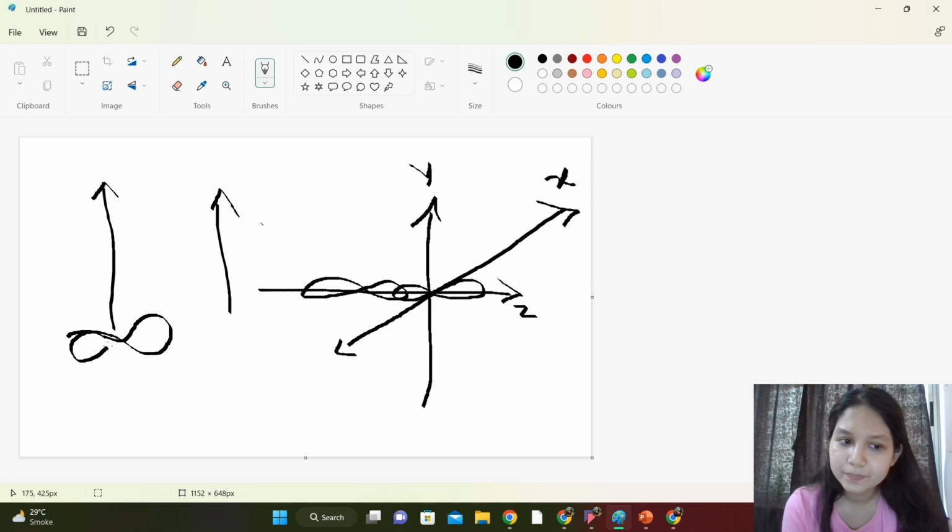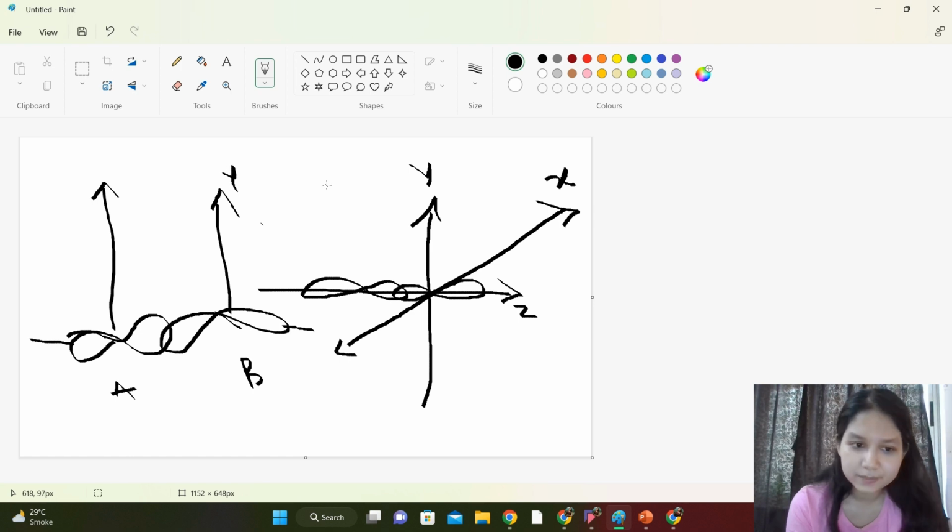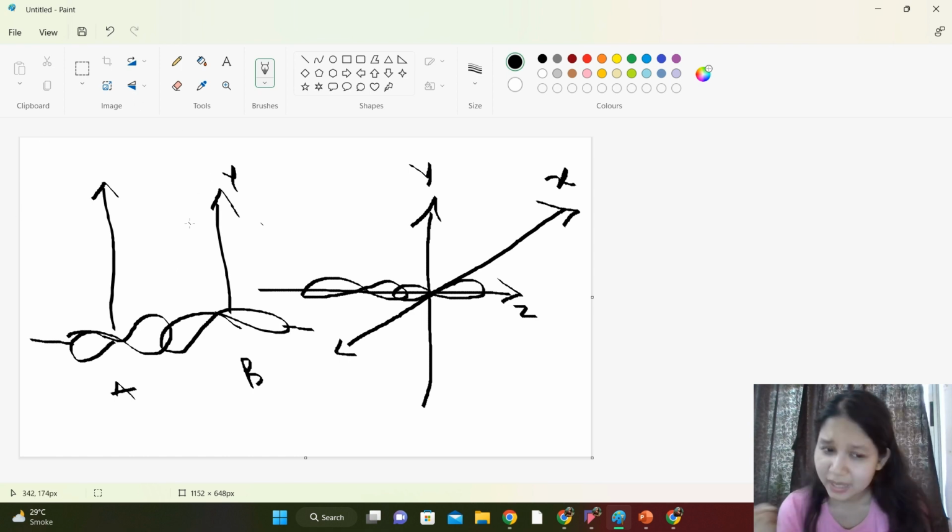These are the two bonding orbitals of, suppose, atom A and atom B. This is the Z axis, and here it is Y axis. So the interaction present along the Y and Y directions, is it bonding or is it anti-bonding?